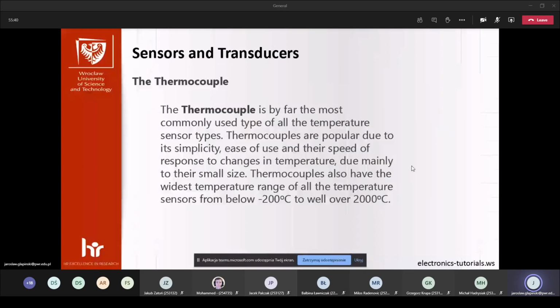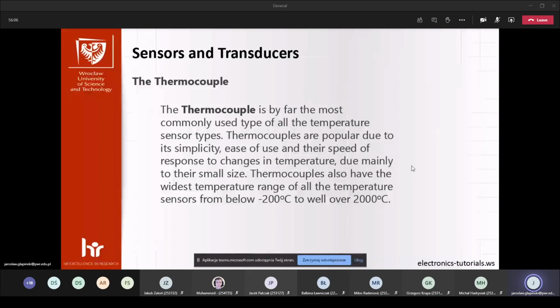Another kind of temperature measurement is the thermocouple. The thermocouple is generally the most commonly used temperature sensor, or maybe not nowadays, but generally they are commonly used everywhere.